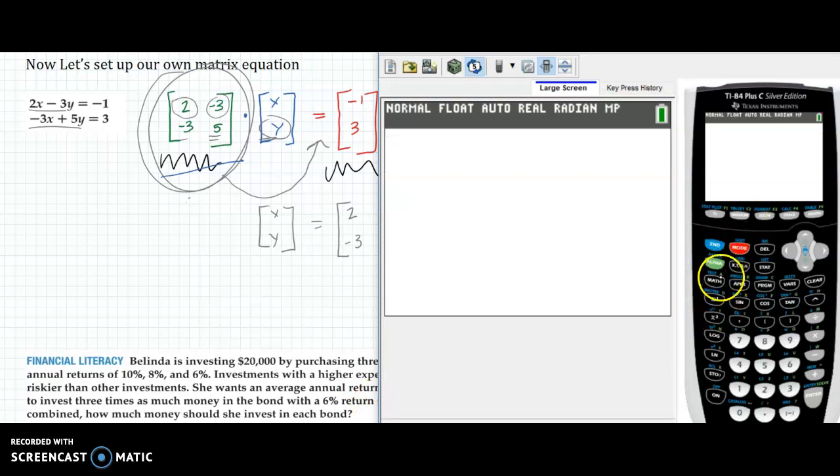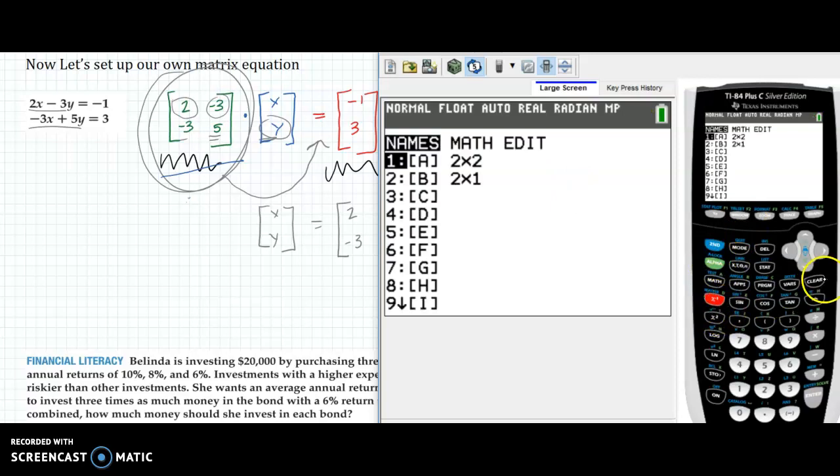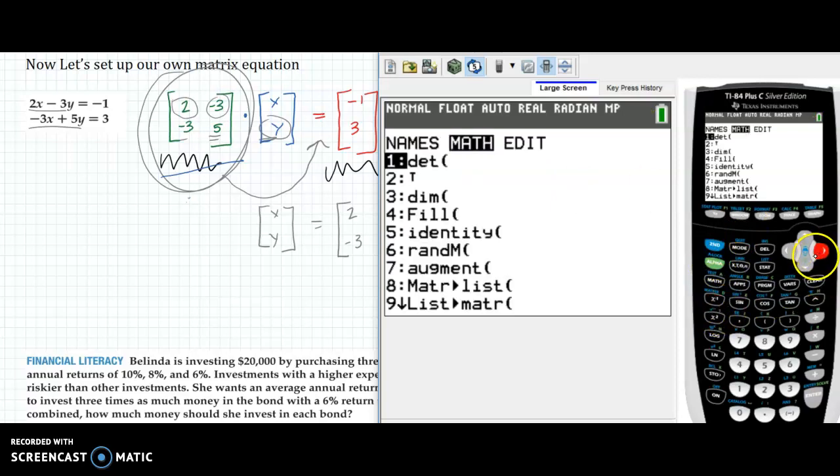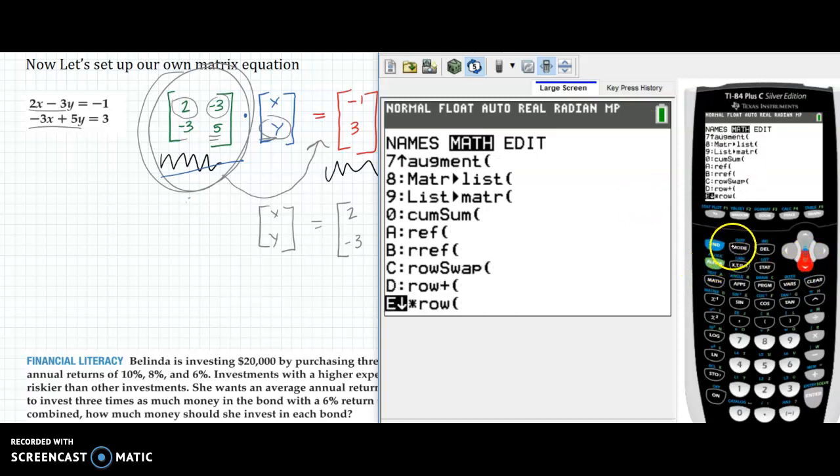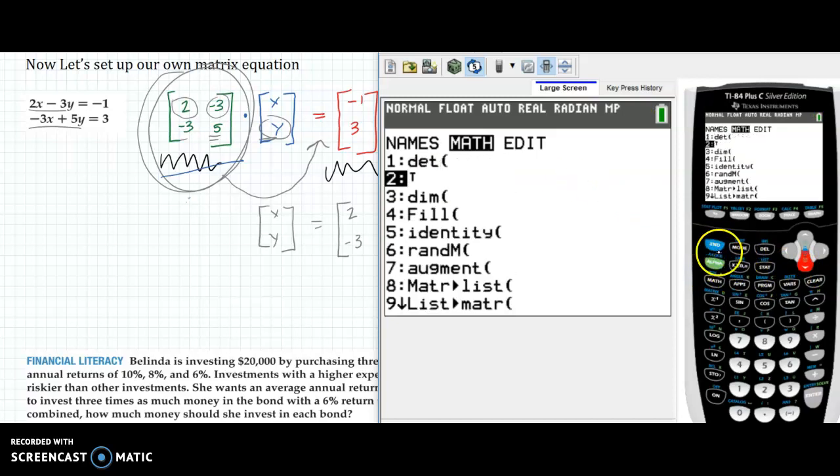So if you go to your matrix menu, now you're going to go to math. You have all these different options. And actually, you don't need to go to the math menu anymore because they've changed this a wee bit.